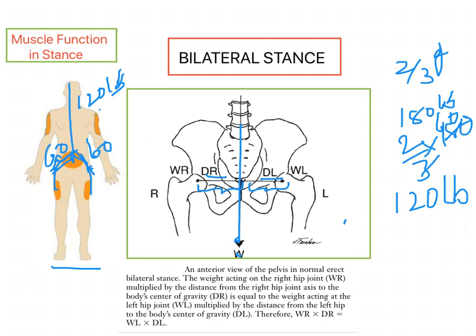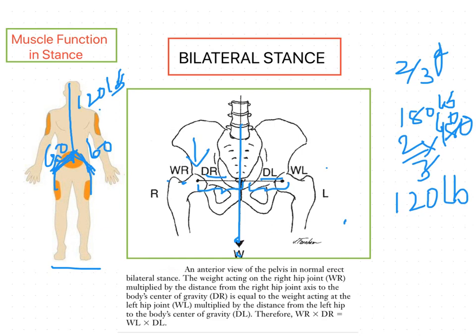So the body weight on each femoral head is already distributed equally. Then what is the compressive force distributed on the right and left? Both are the same, equally distributed.